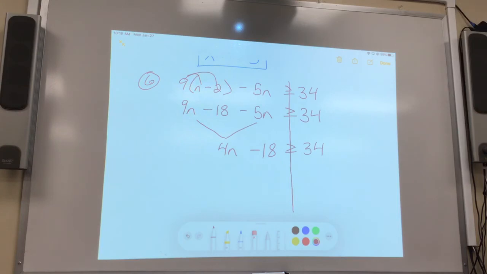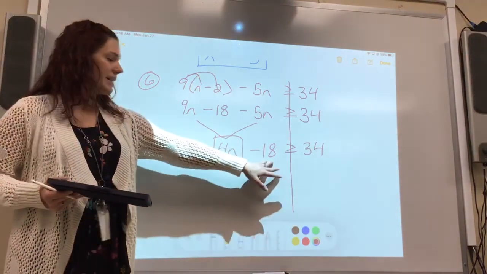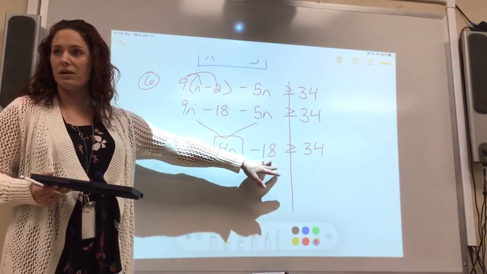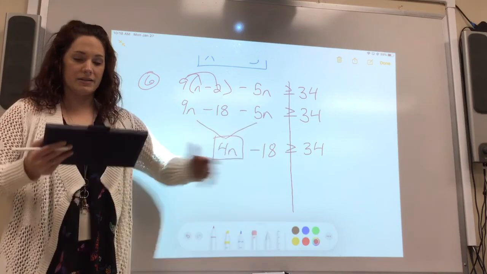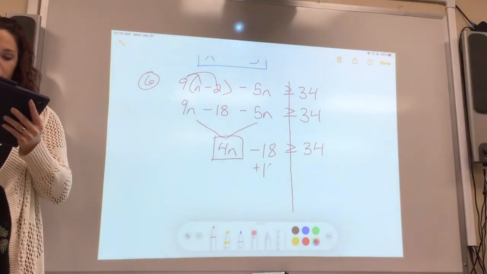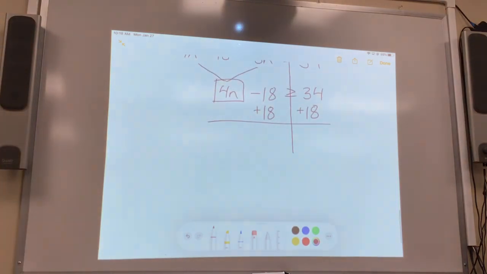So everybody's third step should look like that. All I have now is a single n term that I need to get isolated. If I want to get that by itself, the minus 18's got to go. How do I make it go away? Add 18. 18 goes away on the left.